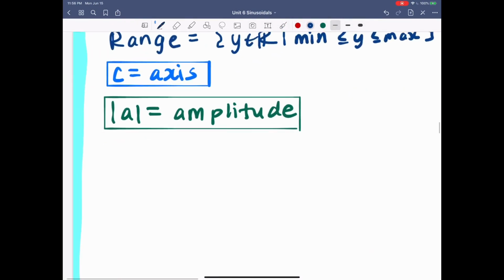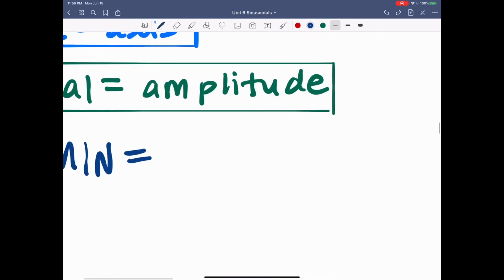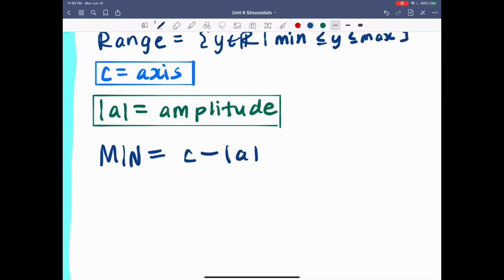We have our minimum. How do you find your minimum? Once you have these two pieces of information, it becomes a lot easier. If you have your axis and you subtract the amplitude, you're going to be able to figure out your minimum.